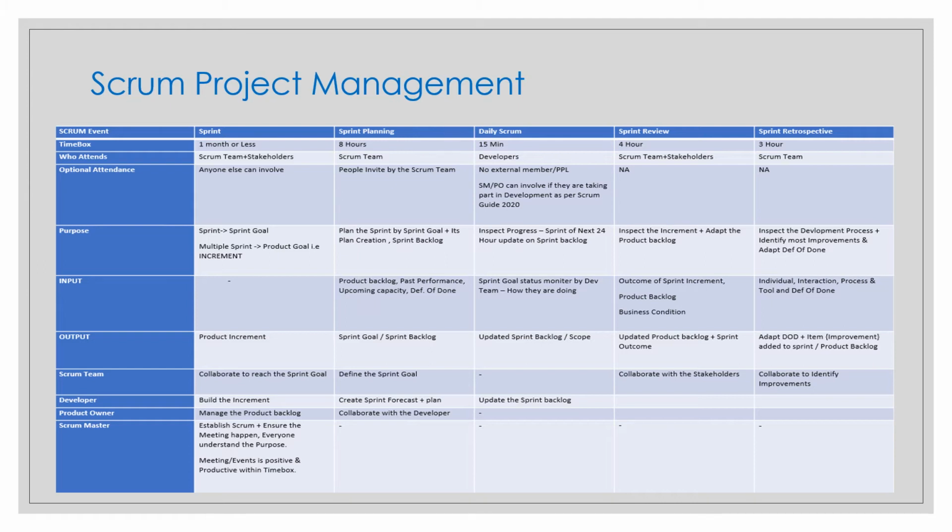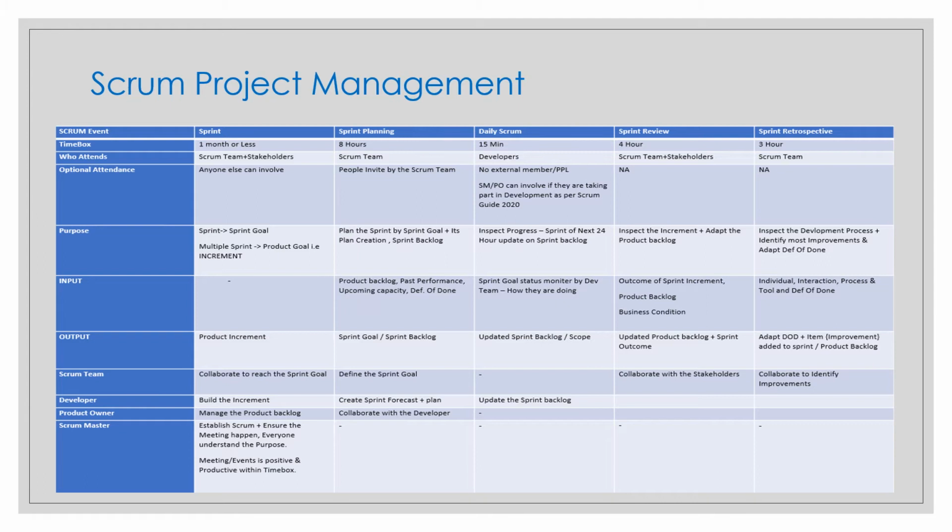When you start the sprint, which is one month or less, if you want to call out and take a suggestion from any technical expert, you can do that in your sprint planning. You can invite people to the sprint planning.